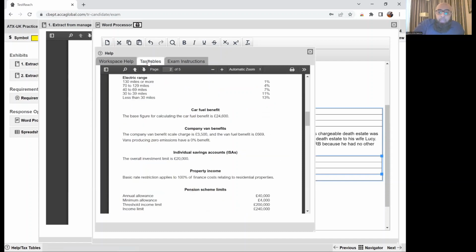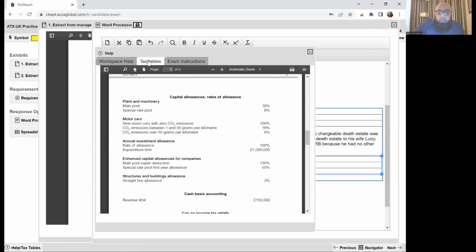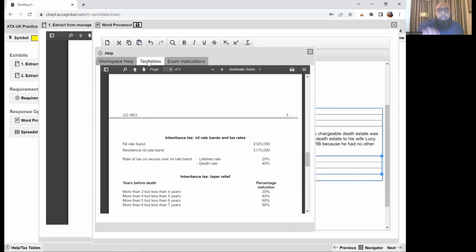If you go down in the inheritance tax head, the nil rate band is 325,000. Earlier the examiner used to give us all the nil rate bands of the previous years, which used to differ. But now in the recent exam, the examiner just gives one NRB. So we will just use 325,000. We don't need to think that there must be different NRBs in the previous years.